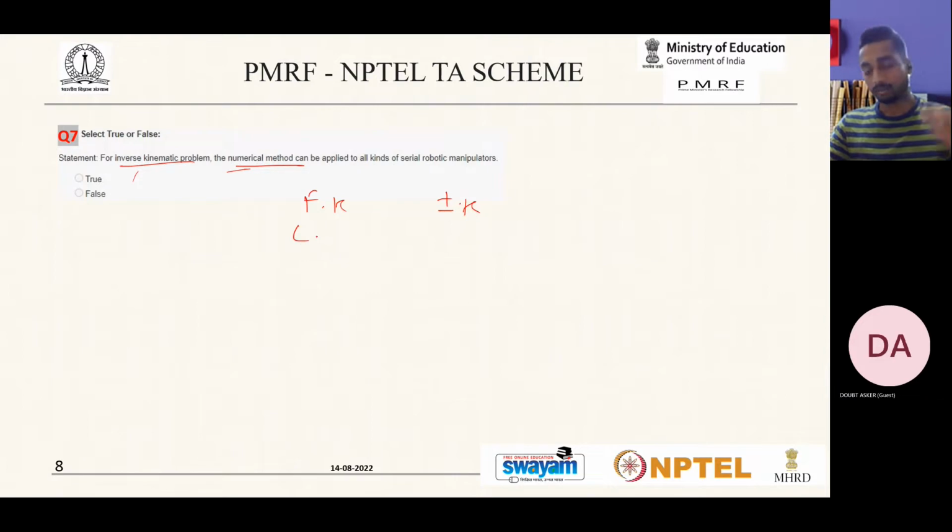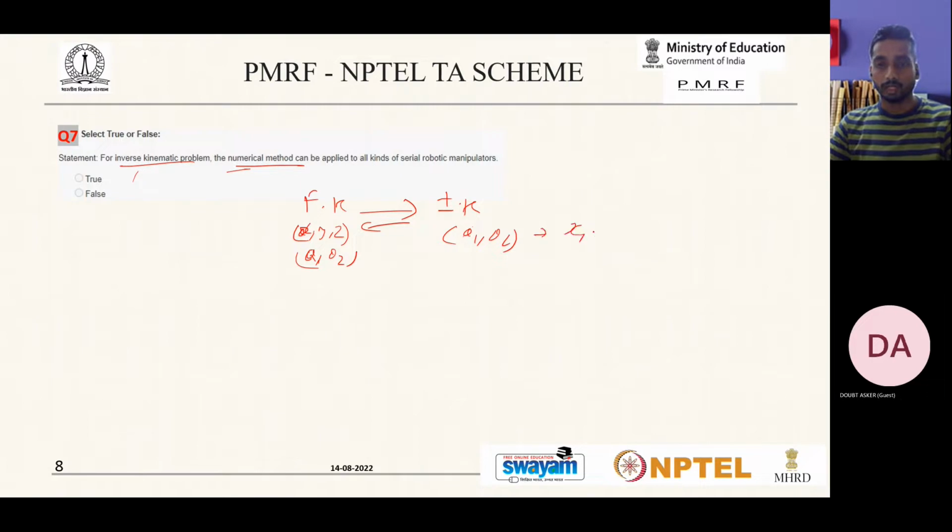The forward kinematics is where we have been given x, y, z in terms of theta 1 and theta 2. And this is the opposite of that. That means x, y, z are given, and we have to find theta 1 and theta 2 so that we reach x, y, z.